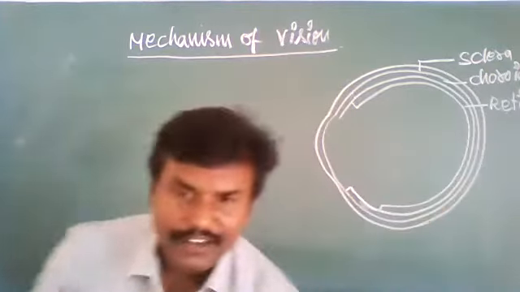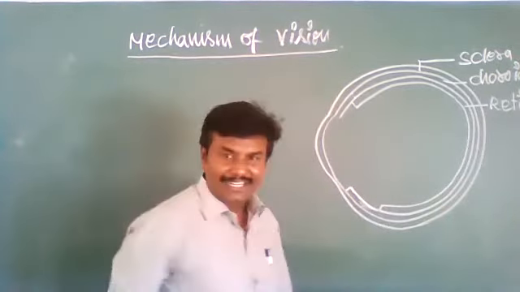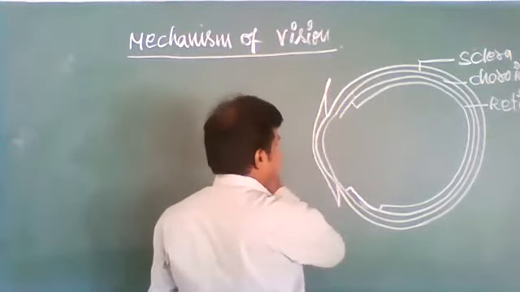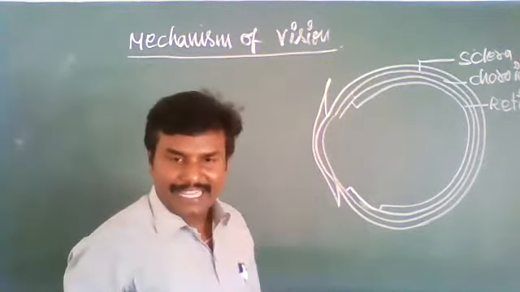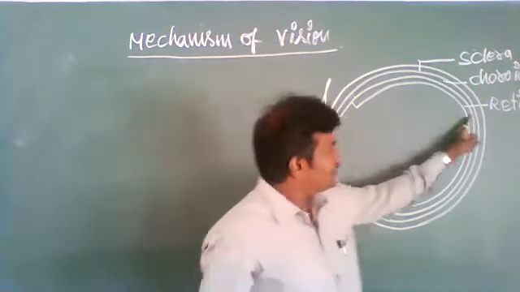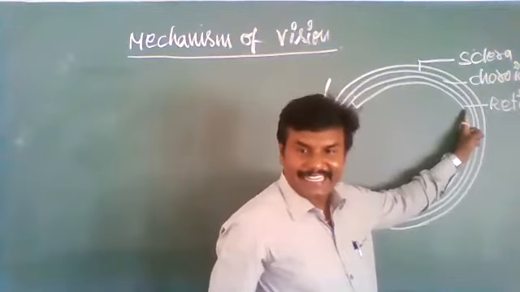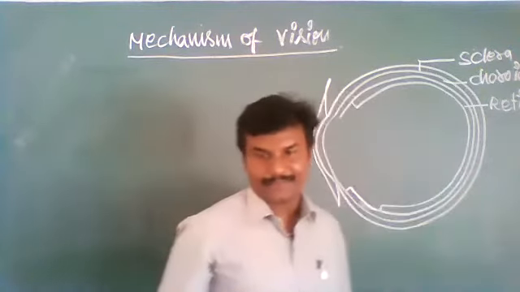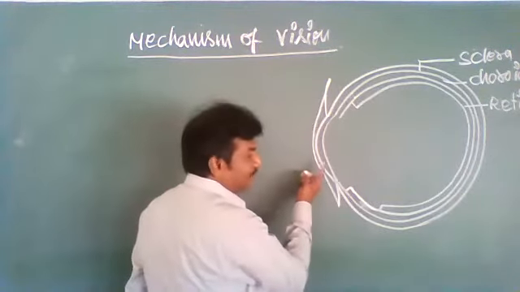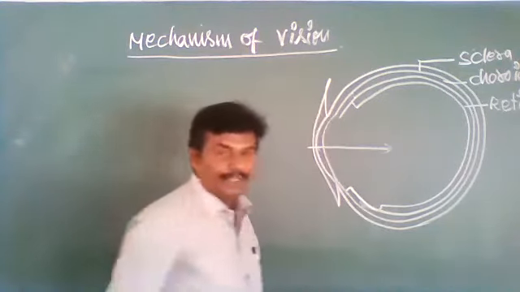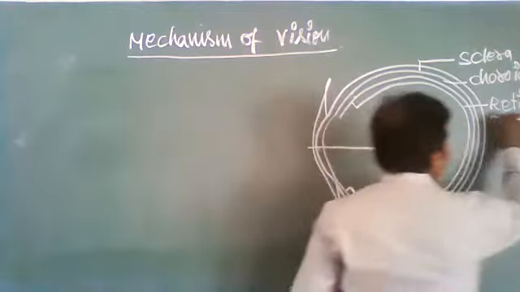Here it is already showing the conjunctiva and cornea. When the light rays fall on the cornea, from the cornea they enter inside the eye and focus on the retina.